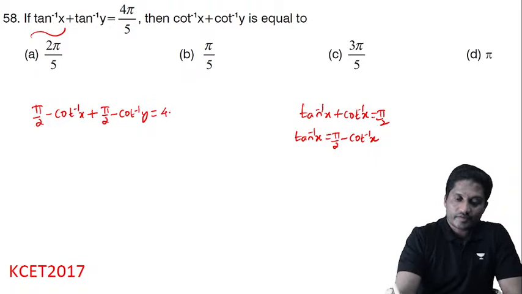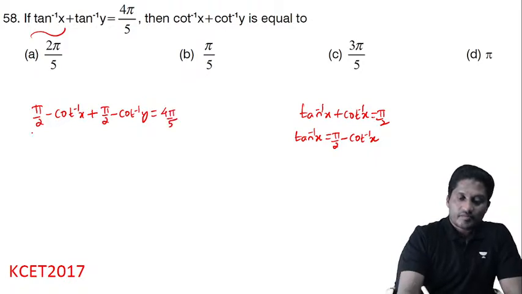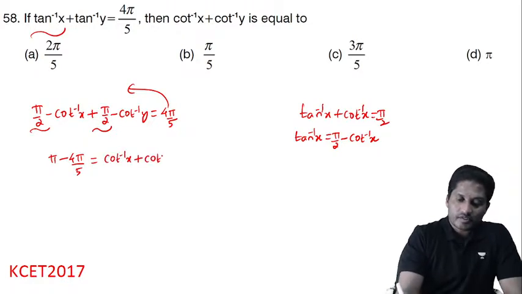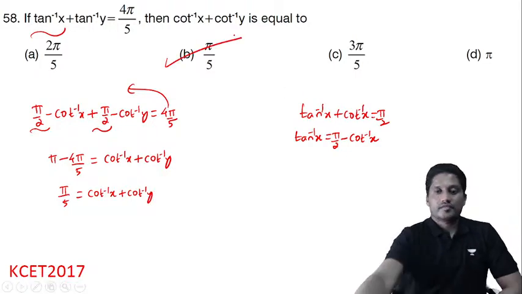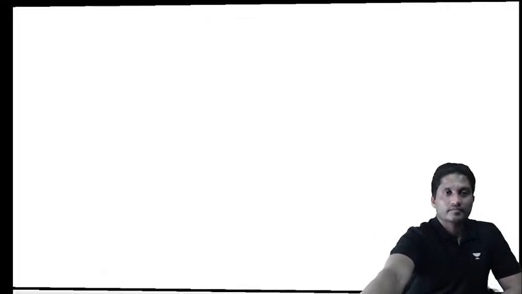The sum is equal to 4 pi by 5. Pi by 2 plus pi by 2 is pi. Minus 4 pi by 5, you shift here, you get minus 4 pi by 5. Minus you shift to the right side. This is cot inverse of x plus cot inverse of y. Pi by 5 is equal to cot inverse of x plus cot inverse of y. Right, answer will be pi by 5. Let's move to the next question.